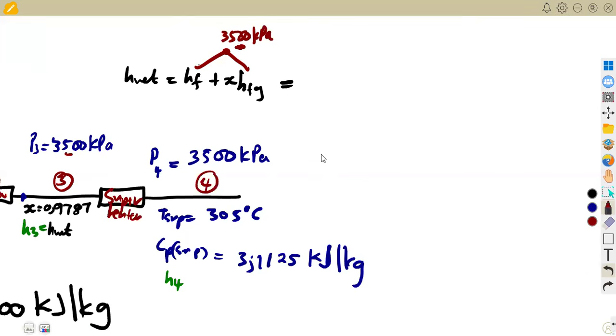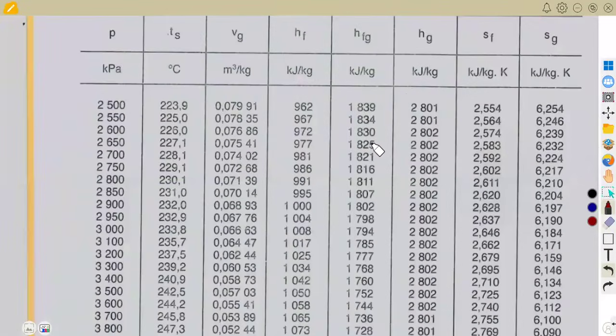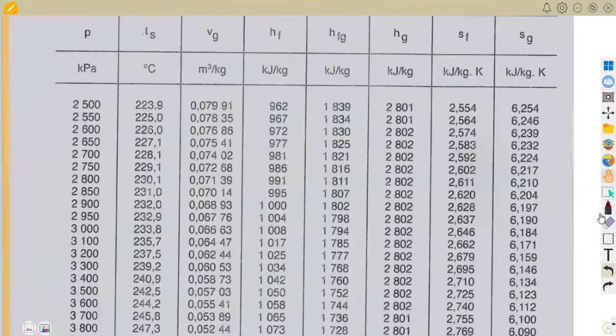hf. All right, let us go to the steam table. In the next classes, guys, I won't be showing you this steam table, and I hope now you are getting used to this. Okay, 3,500 is this one. So let us go to 3,000. Sorry, this is 3,500. 3,500 here. All right, like that.